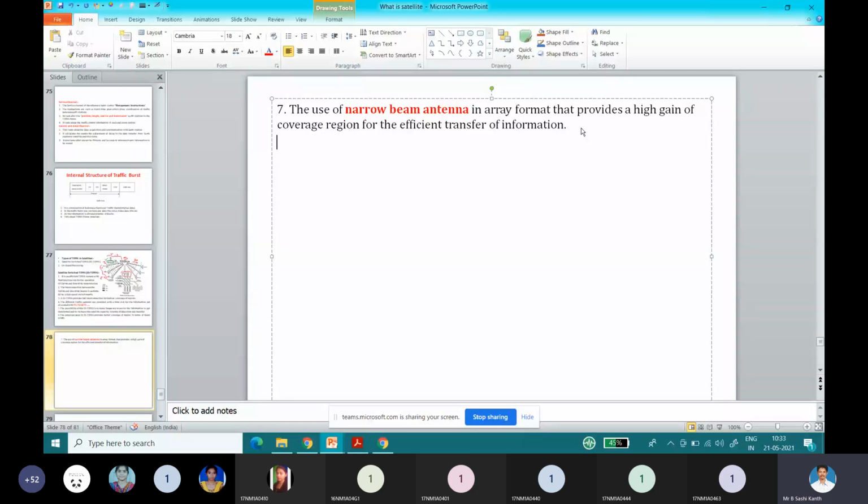One of the advantages is the use of a single antenna beam with continuous coverage of the entire zone with a narrow beam, which provides an increase in the EIRP. So I'll write in terms of advantage.